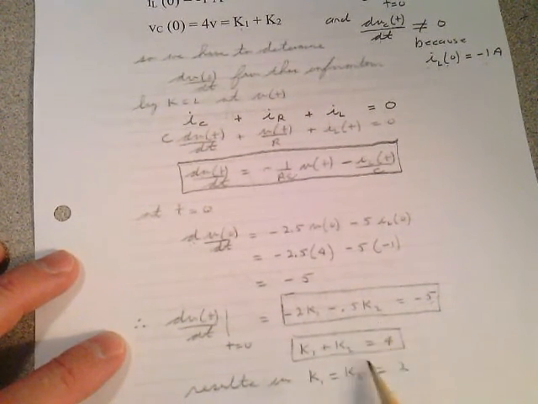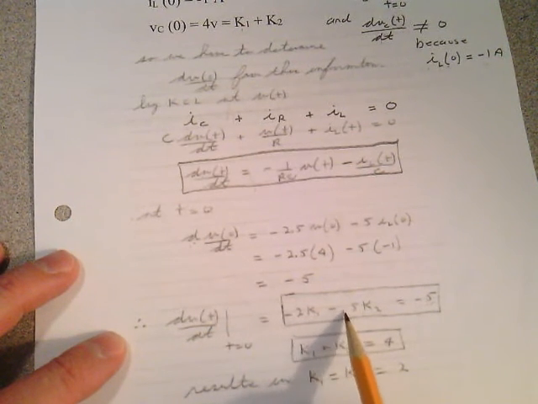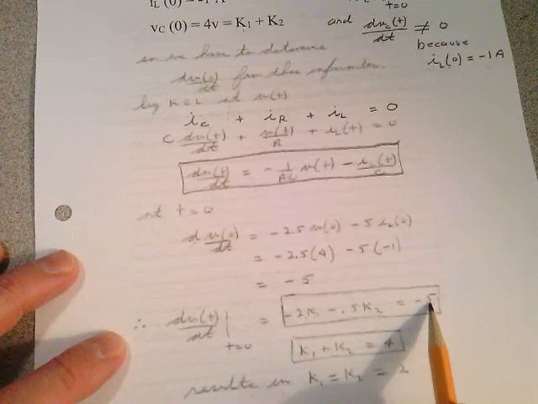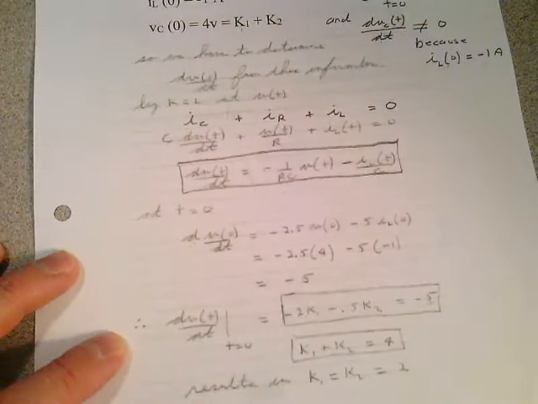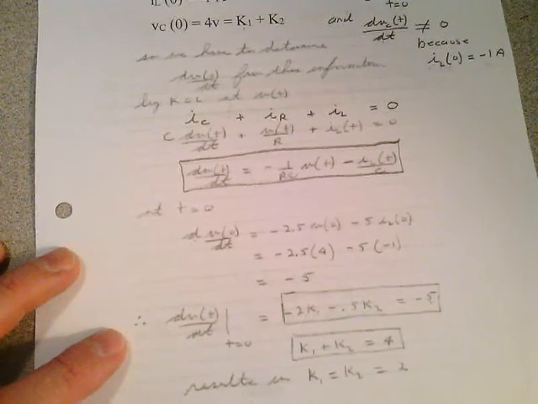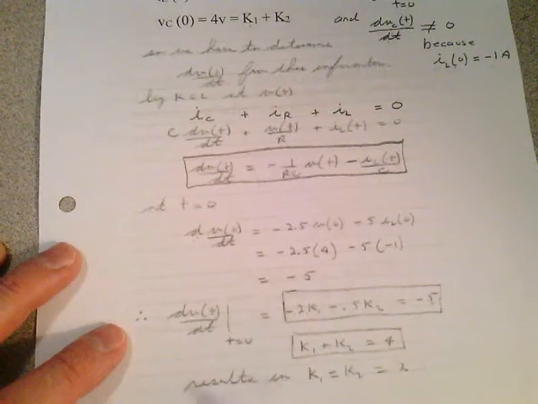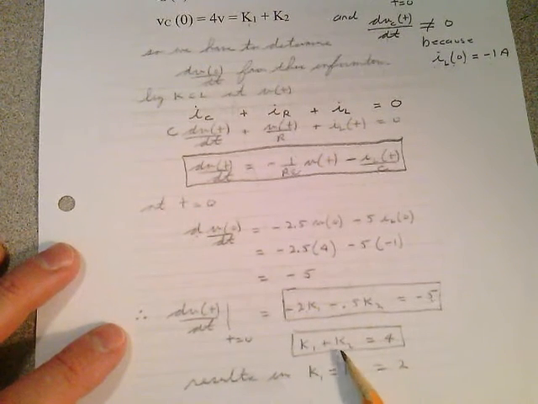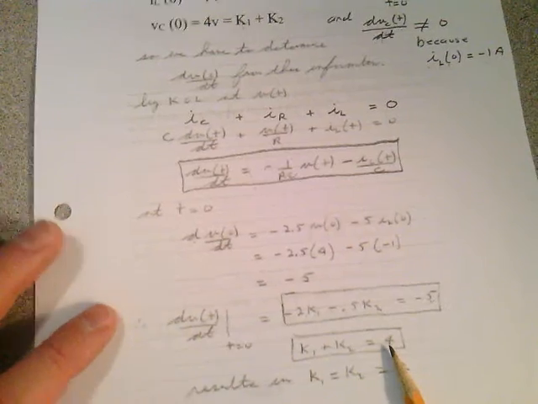So now you have two equations here. You have negative 2 K1 minus 0.5 K2 equals minus 5. All that's coming from that equation. And the initial observation, K1 plus K2 equals 4, comes from this.